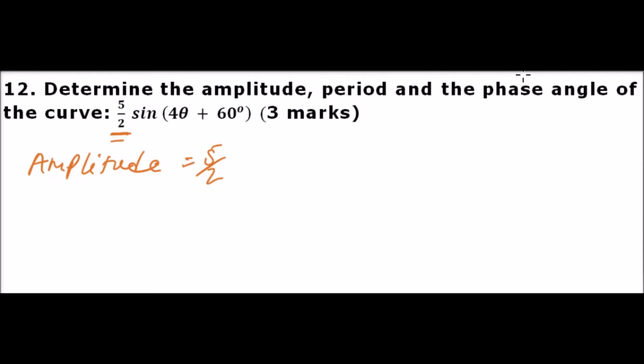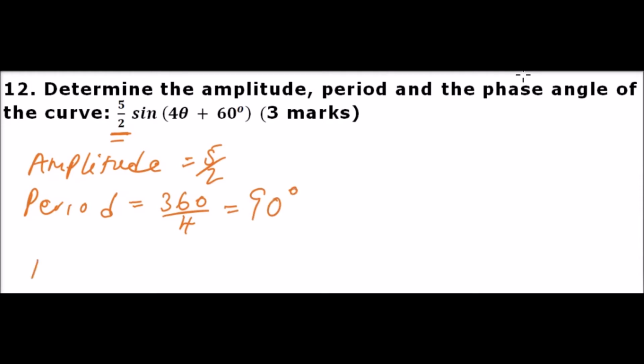Then period, because our theta is multiplied by 4, we normally divide 360 by that constant, which is 4, and therefore our period is 90 degrees.